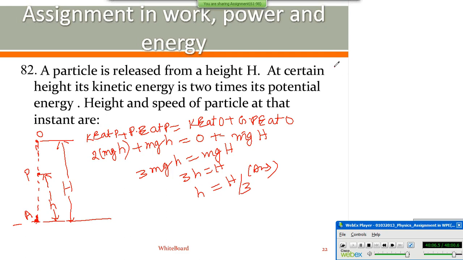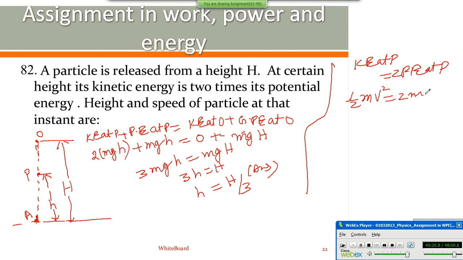To find speed of the particle at P, according to the problem, kinetic energy at P is given to be 2 times the potential energy at P. So kinetic energy at P you can write half mv square, where v is the magnitude of velocity at P. Potential energy at P you can write mgh. So you get v square equal to 4gh.